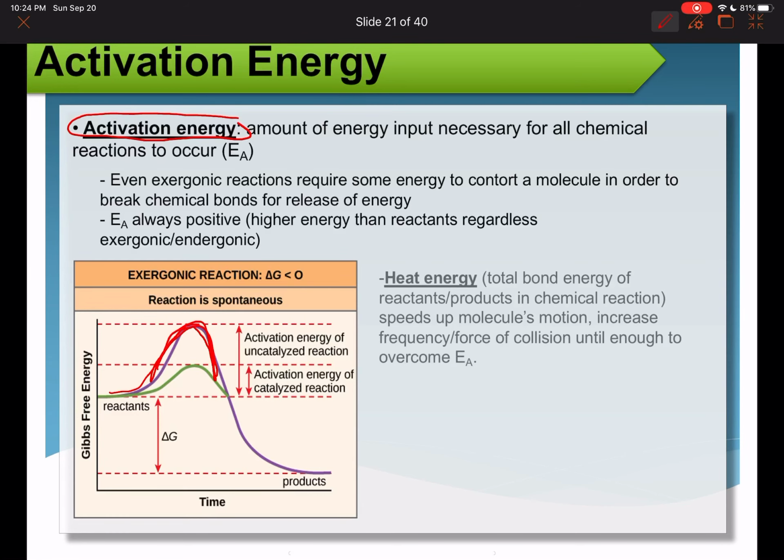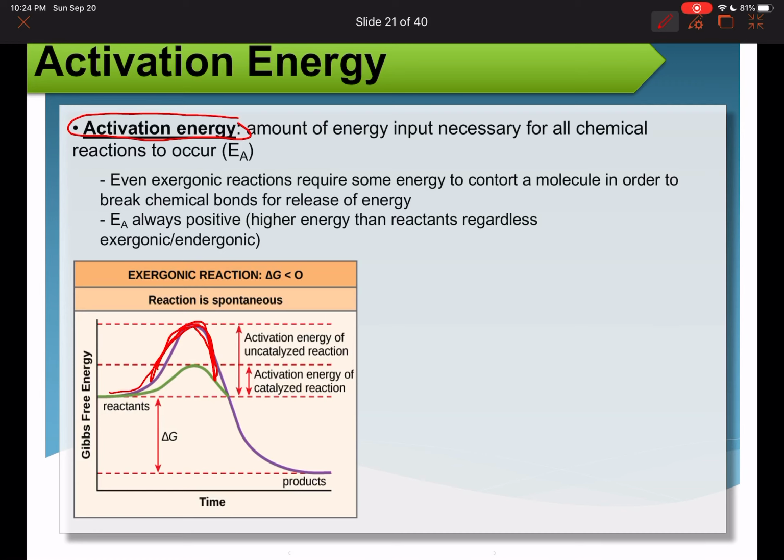Okay, and whether it's an exergonic or endergonic reaction, activation energy is always a positive value. Okay, you will never see an upside down hill in thermodynamics going from reactant to product. I used to, in an in-person class, require my students to draw these graphs, and some students draw an upside down hill.